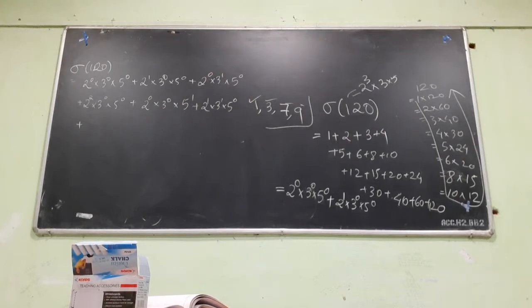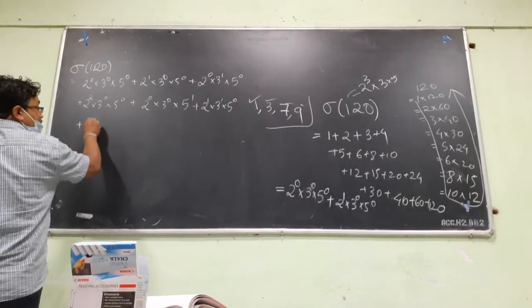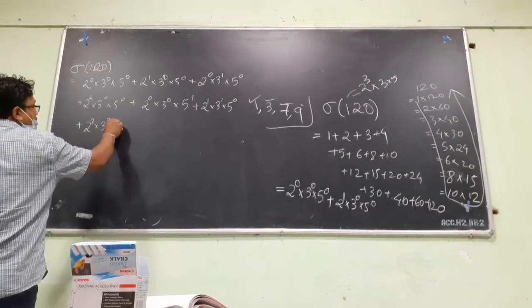So you will get all the terms. This is written as 2 square into 3 to the power 0 into 5 to the power 0.